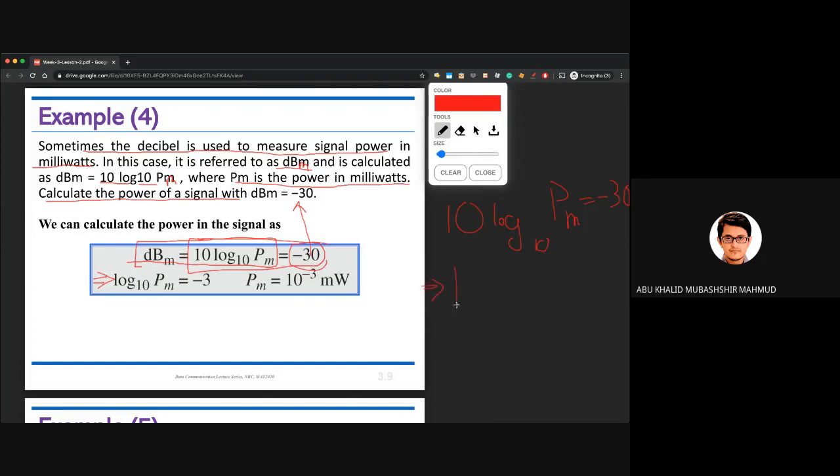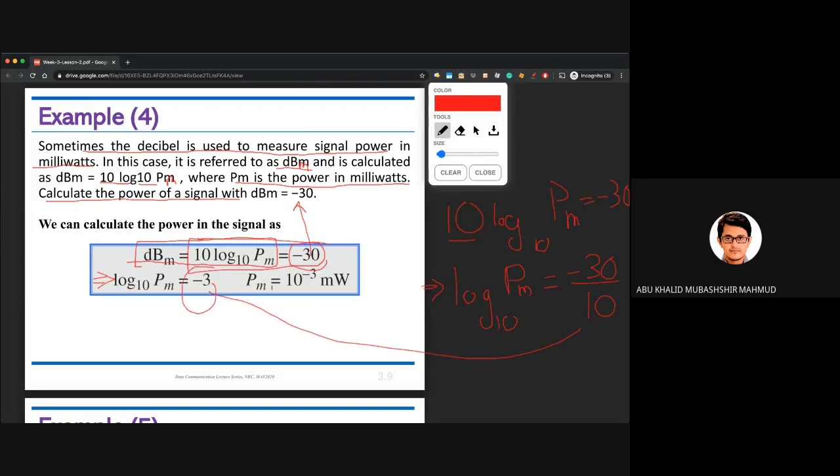In the next portion, we have log P subscript m, that is power in milliwatts, and divide that by 10. Dividing this minus 30 by 10, we get this minus 3 value.